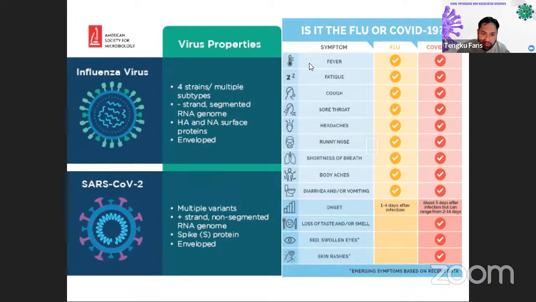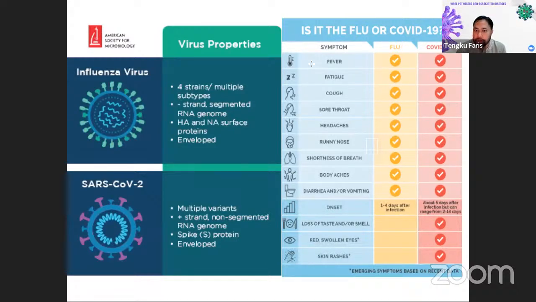They are negative strand, they are segmented, they have the HA and NA surface protein. Hemagglutinin, I think, and NA is neuraminidase, if I'm not mistaken, is a type of protein at the outer layer. But the SARS-CoV-2, uniquely, they have this spike protein, and that is the main difference. And both of them are coronavirus, which are under envelope virus.